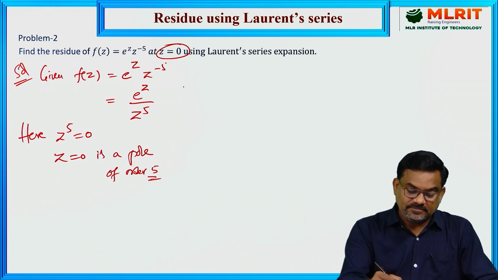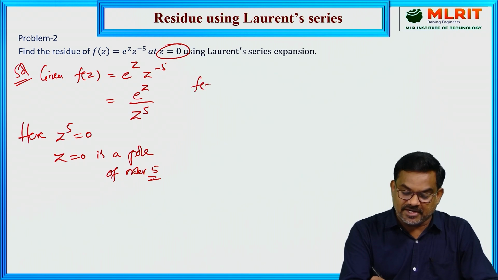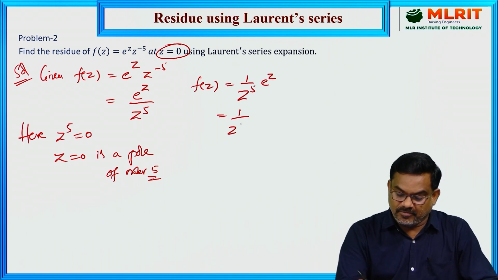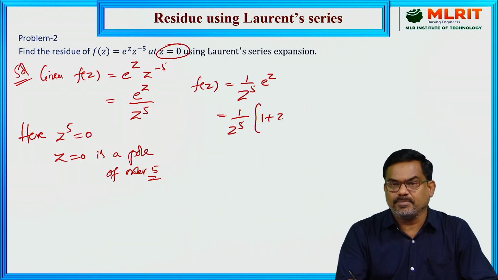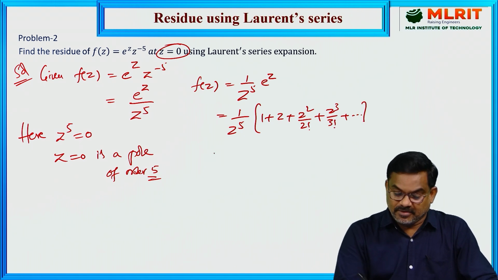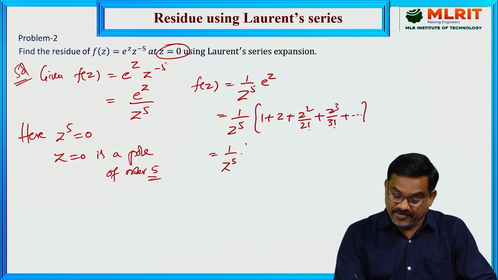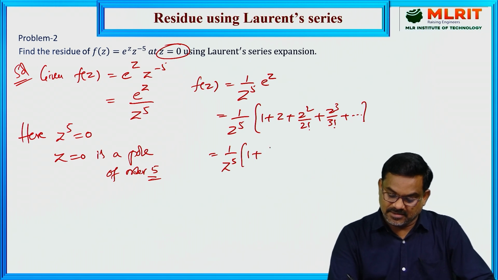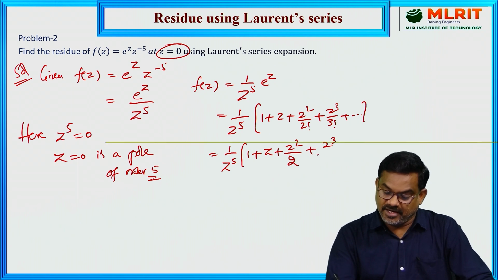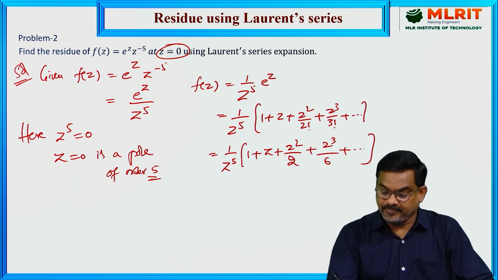Now, to find the residue at this pole, first we need to expand this function, 1 by z power 5 into e power z, and we have the expansion of e power z: 1 plus z plus z square by 2 factorial plus z cube by 3 factorial and so on. So which is 1 by z power 5 into 1 plus z plus z square by 2 plus z cube by 6 plus so on.